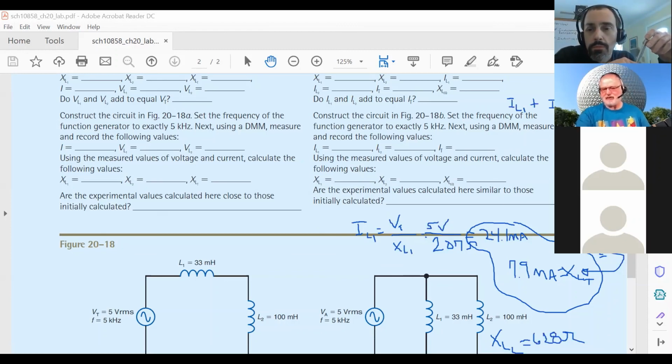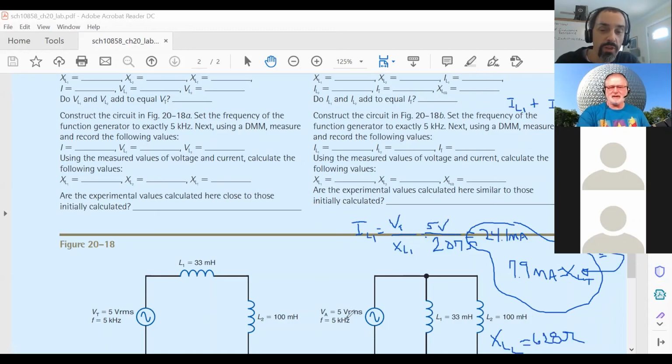Yeah, 28.35. But to go back, Charles, where did you come up with the 207 from the X of L1? I kind of don't get it. Maybe I made a mistake with my X of L1. 2 times pi times 1,000 times 33 E to the minus third. We were working with 5,000. Oh, that's why.